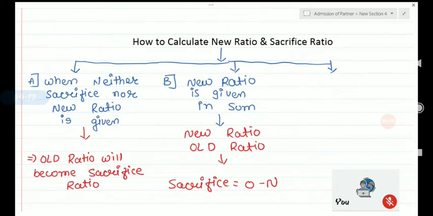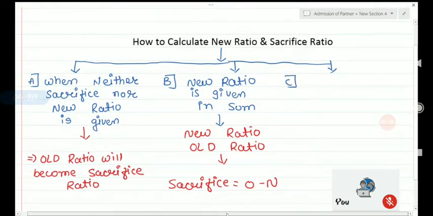But now there is a change in the story. That is point C. Here sometimes the sum does not provide you the new ratio. In the sum the sacrifice of the old partners is prescribed.